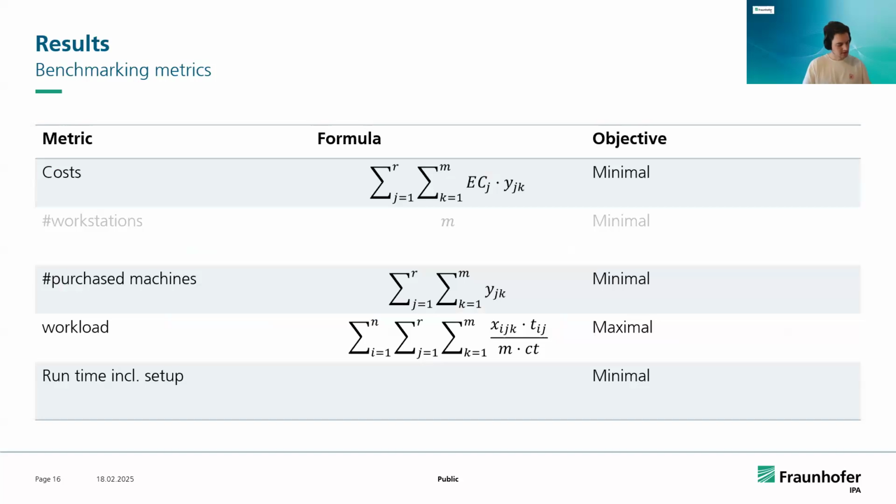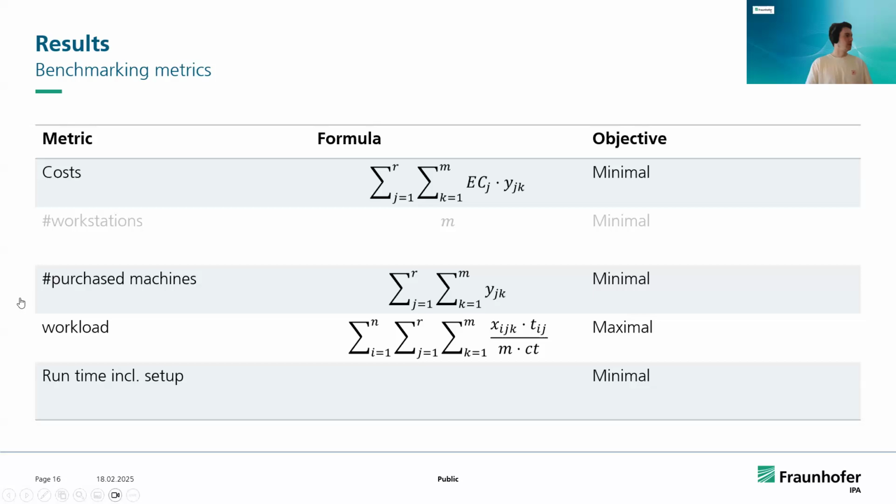We wanted to continue to compare the results with a couple of KPIs, which were defined in the original paper on the assembly line balancing use case, just to check for solution quality. The things we looked at were the cost for the equipment of the assembly line. Then we didn't look at workstations, because in our formulation we already had to prefix the number of workstations to use.